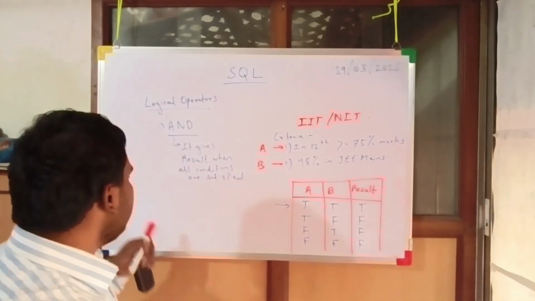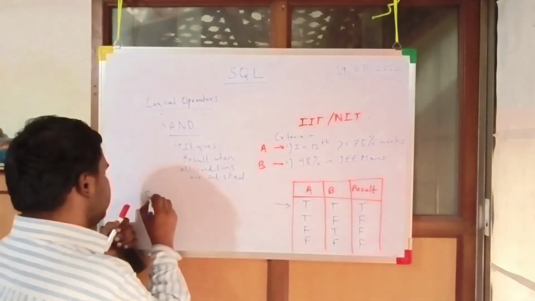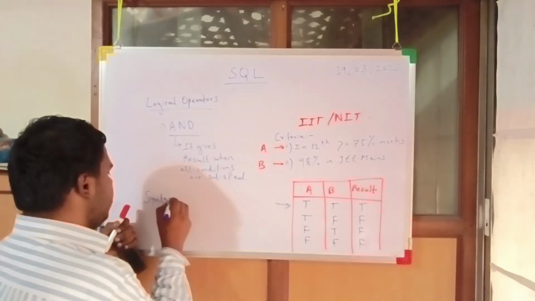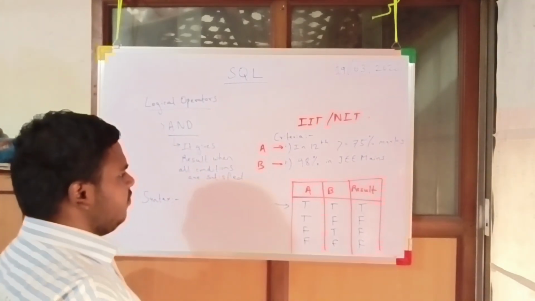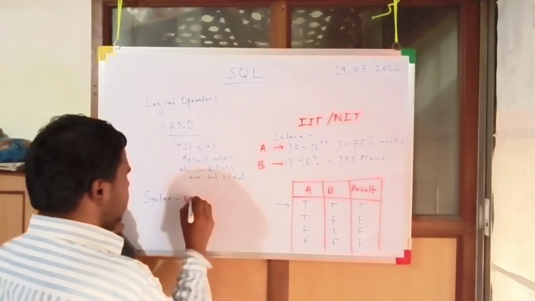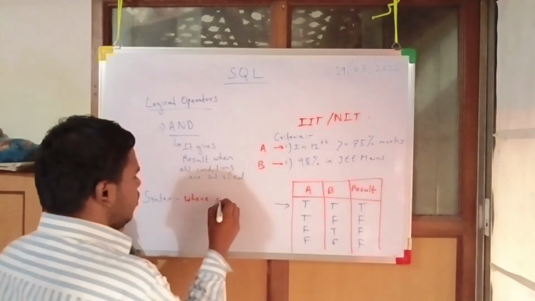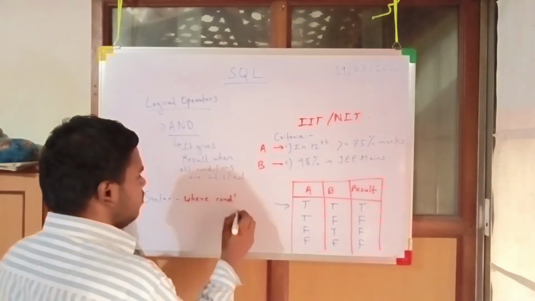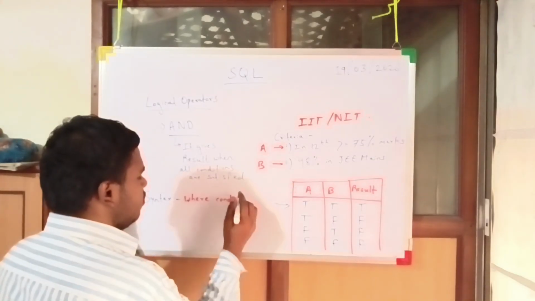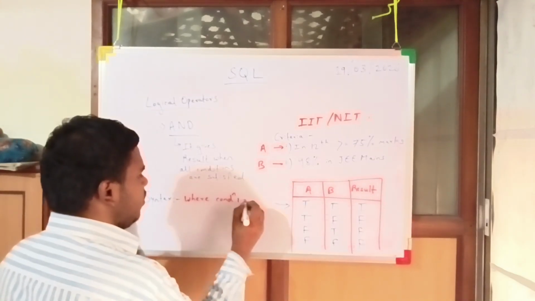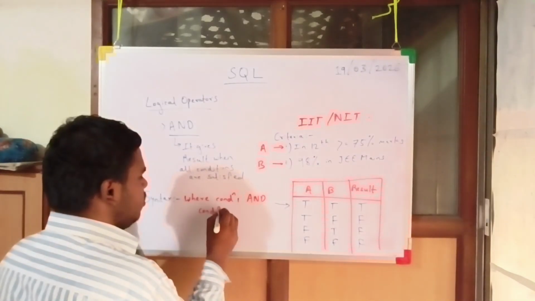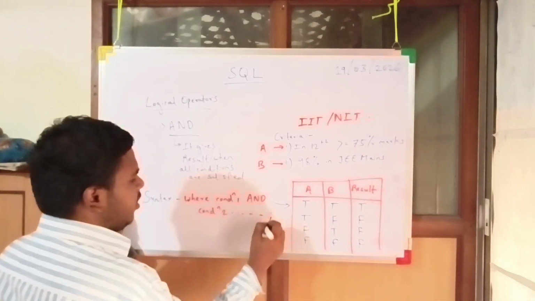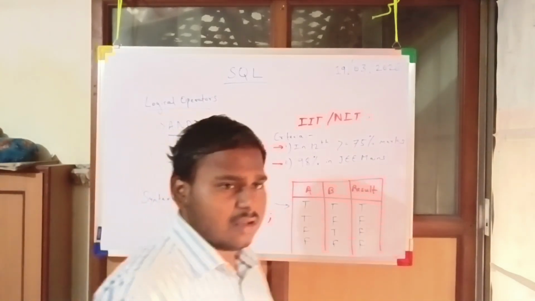Now, syntax is very important. The syntax of the AND operator is: in the WHERE clause we write WHERE condition 1 AND condition 2, and so on, depending on the question.